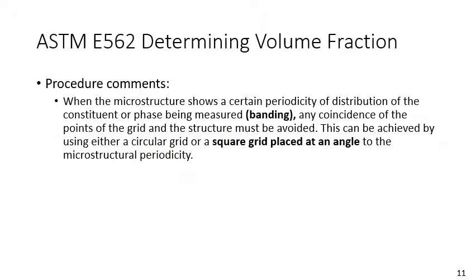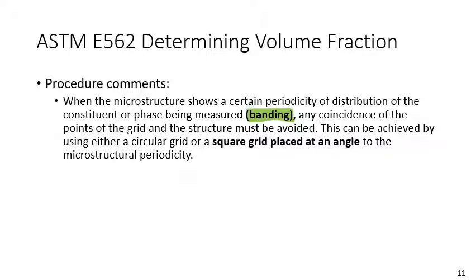If there's periodicity or abnormal grouping in the microstructure that we're trying to evaluate, then that could defeat our ability to get an accurate evaluation using point counting. One of those types of periodicity in our line pipe steels is called banding. We'll see an example of that in the next slide.